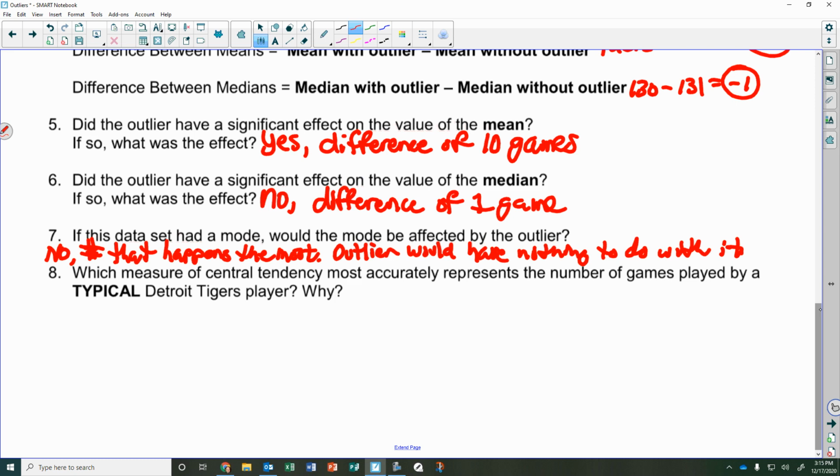So it says, which measure of central tendency most accurately represents the number of games played by a typical Detroit Tigers player and why?